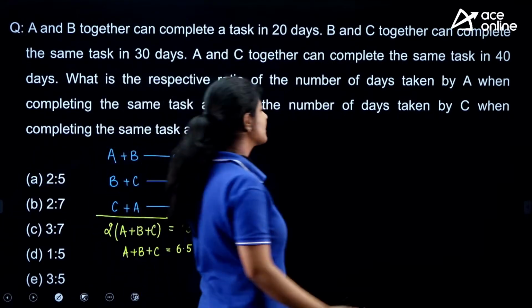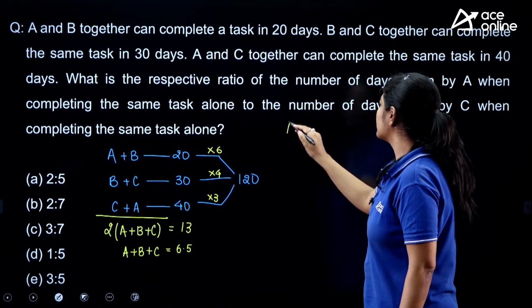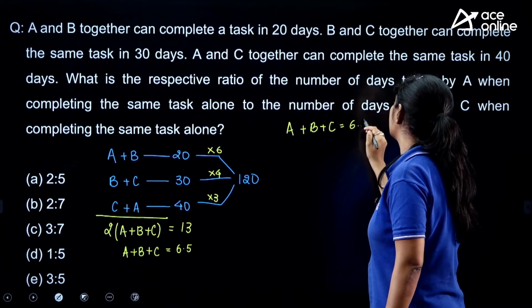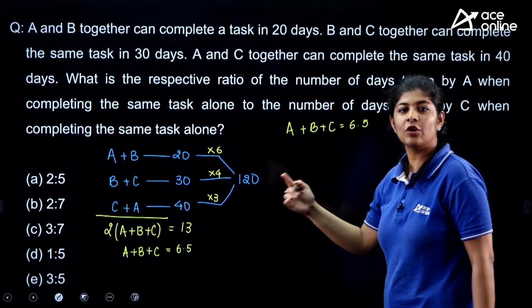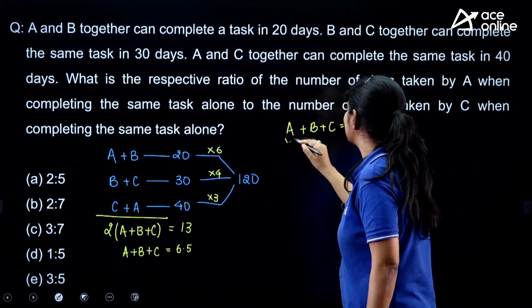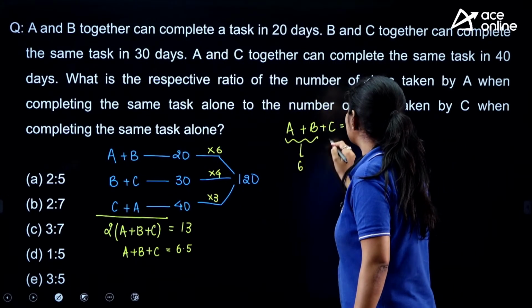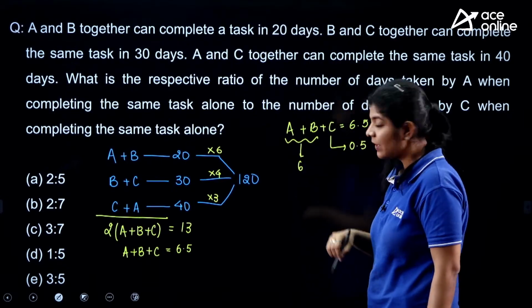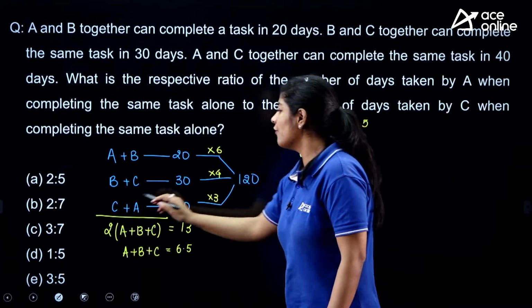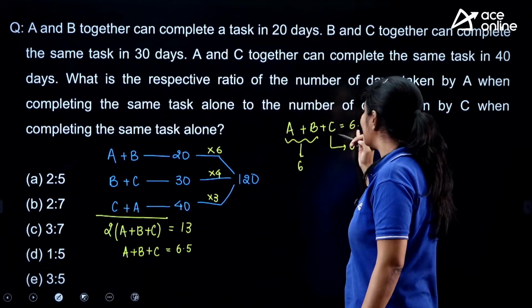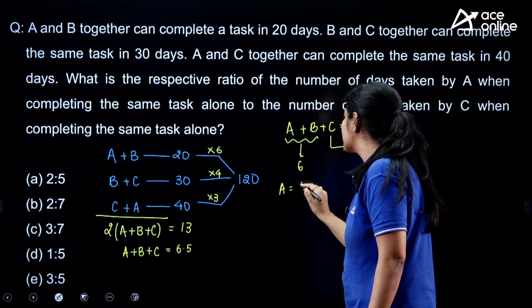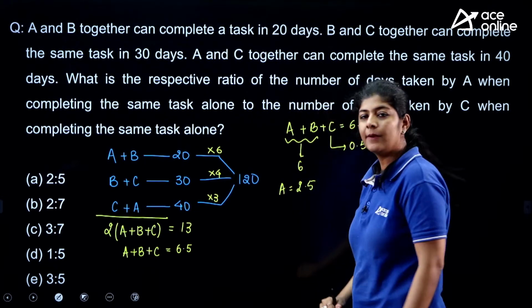But if the total efficiency of these three people is 6.5, where the efficiency of A and B combined is 6, then we can say the value of C is nothing but 0.5, right? And if the value of A plus B is 3, where the value of C is 0.5, then we can say that the value of A is 2.5, right?